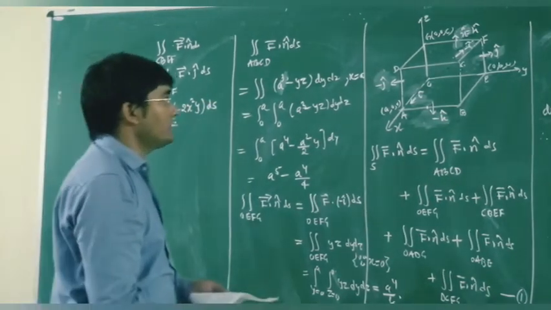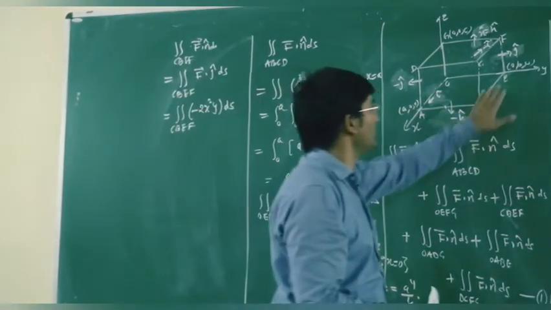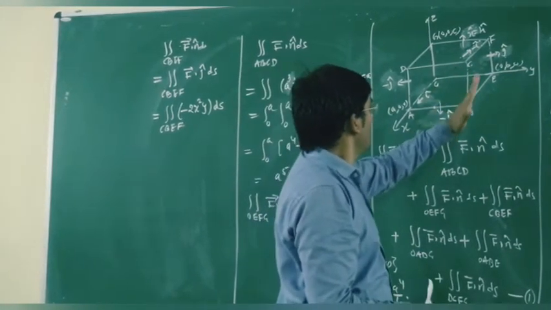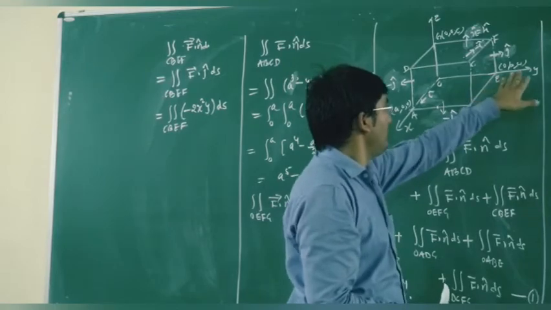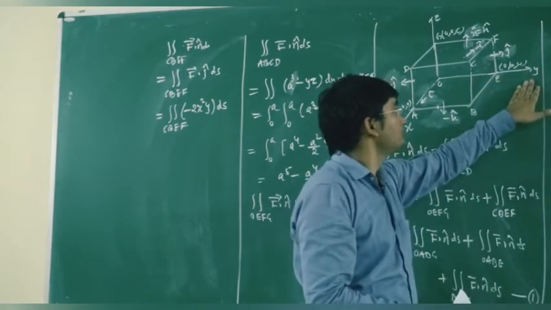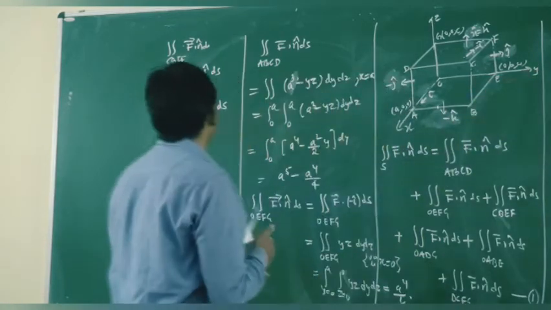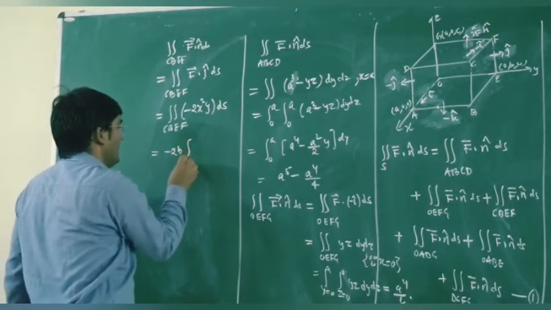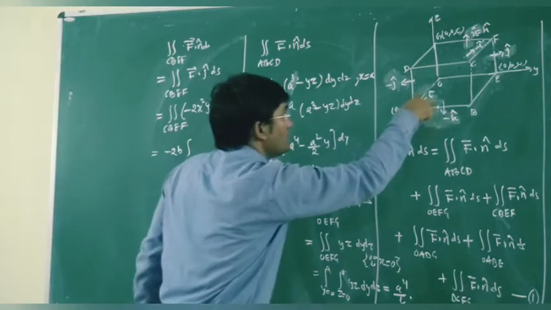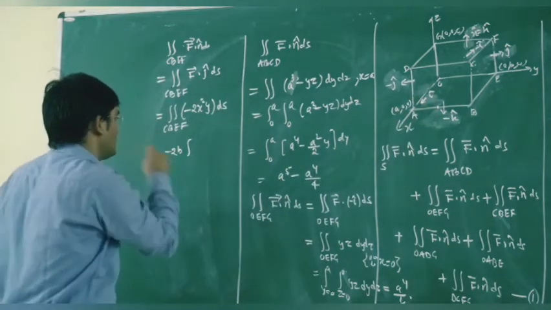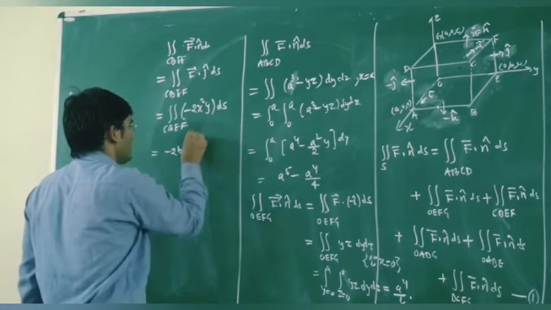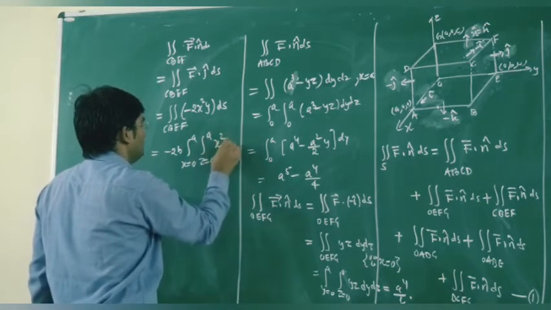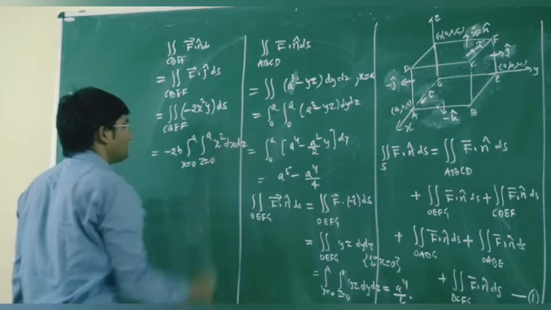Please note that for this part CBEF, we have y equal to b, so just put y equal to b here. Then we have minus 2b outside, and this is in the xz plane, so we have x equal to 0 to a and z equal to 0 to a, x square dx dz.